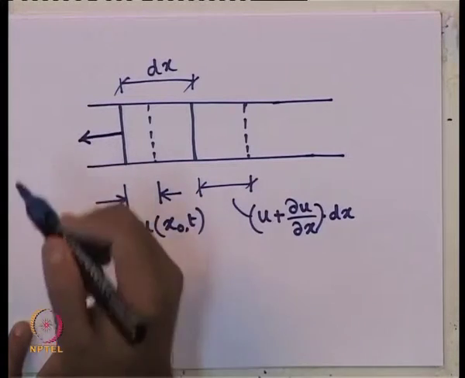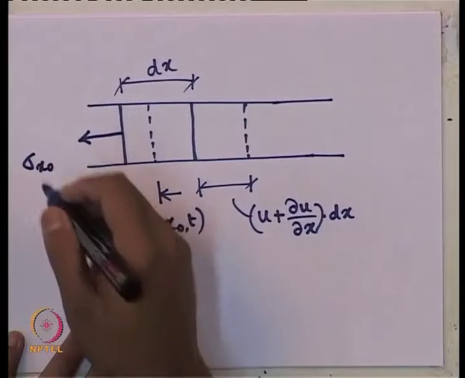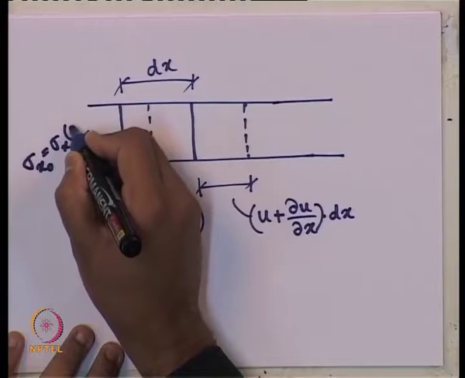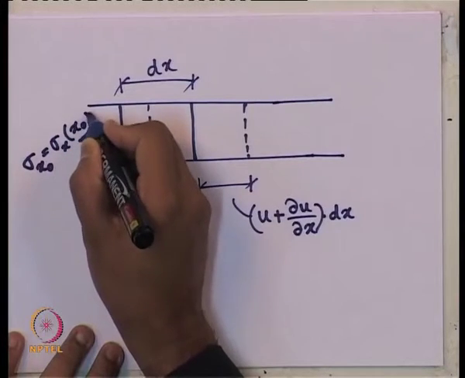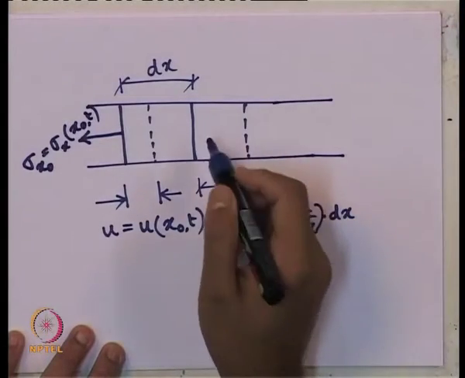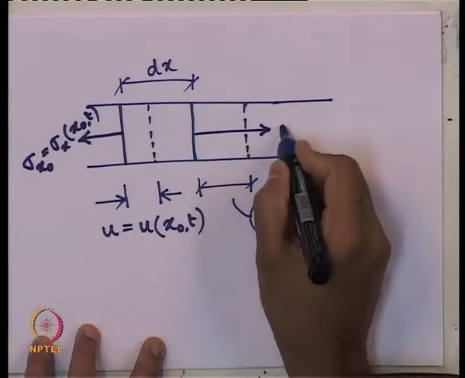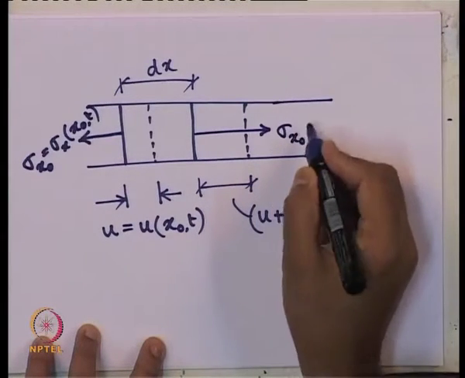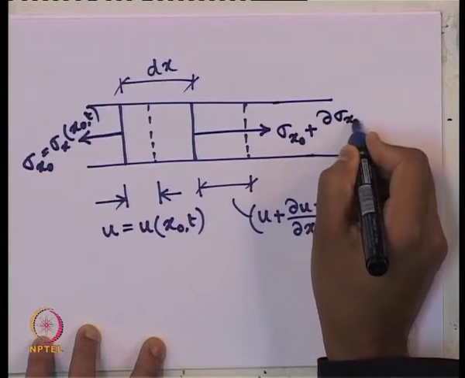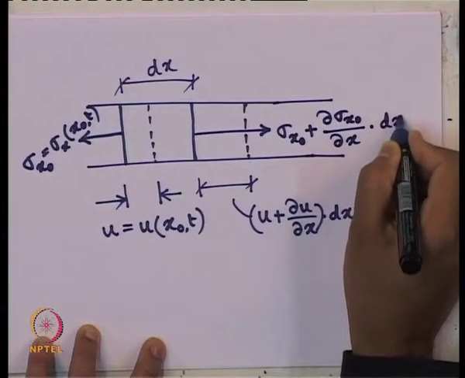This side, let us say sigma x naught, which is nothing but sigma x as a function of x naught and t. Whereas, on the other end, the stress should be sigma x naught plus del sigma x naught by del x into dx.